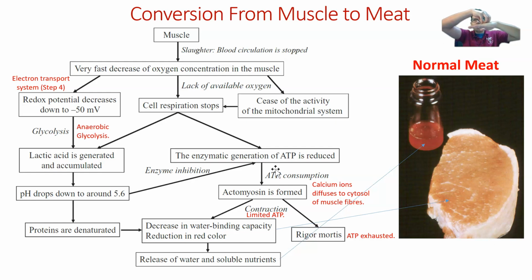The calcium lock is removed because of the presence of calcium, and there's no ATP to bind to the myosin head, so it will remain bound to the myosin binding site on the actin, and so rigor mortis happens. As I mentioned, rigor mortis is not forever. It will be removed once the meat is being degraded.